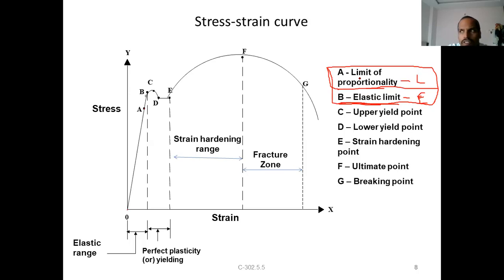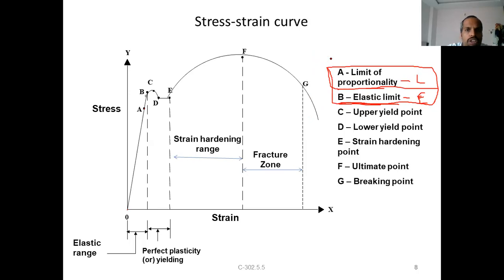Okay, in competitive examinations, if a question is asked about stress being proportional to strain, the options will be limit of proportionality, yield point, lower yield point, upper yield point, breaking point, and the elastic limit is not given. In that case, you have to choose the limit of proportionality, right?